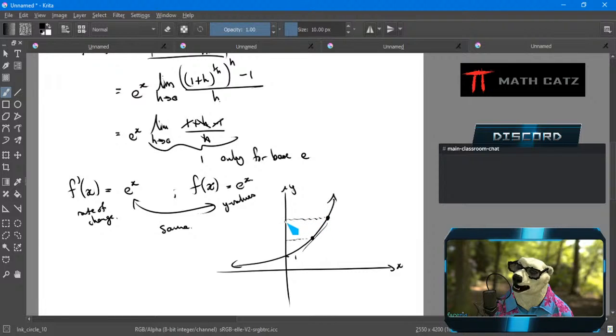Then I get a higher y value, which means the slope, which is the same, is even steeper. So it increases faster, and it increases faster. The rate of change is exactly the same as the function value at that point.